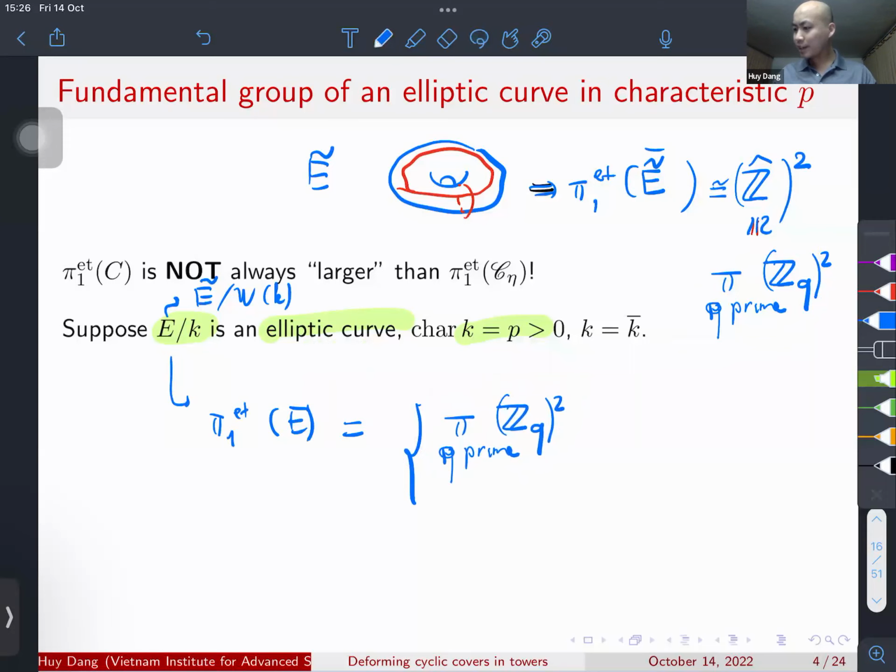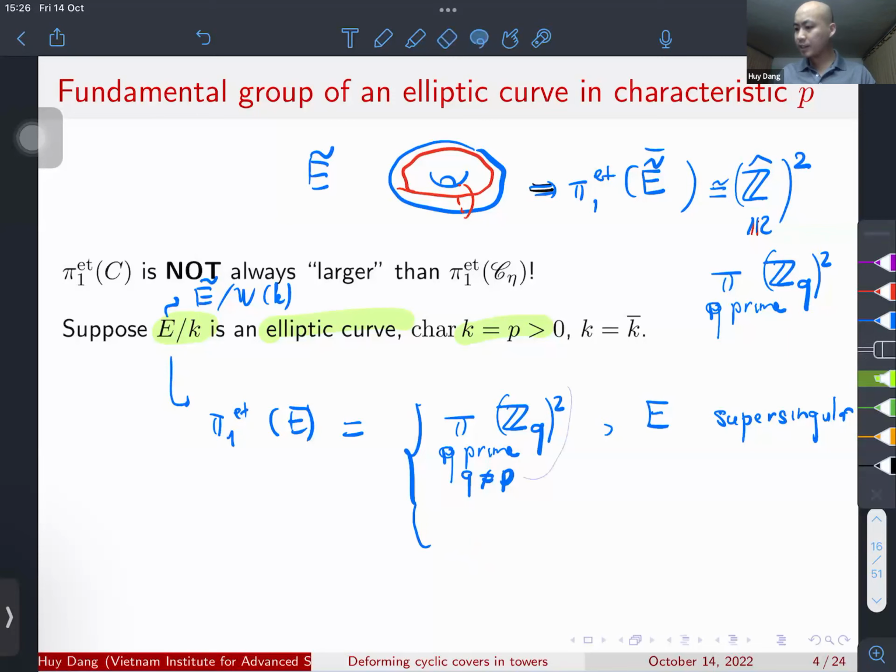Everything is Z_Q squared, Q different from P, when E is called supersingular, whatever it is. And so it is actually smaller than the 1 over complex.